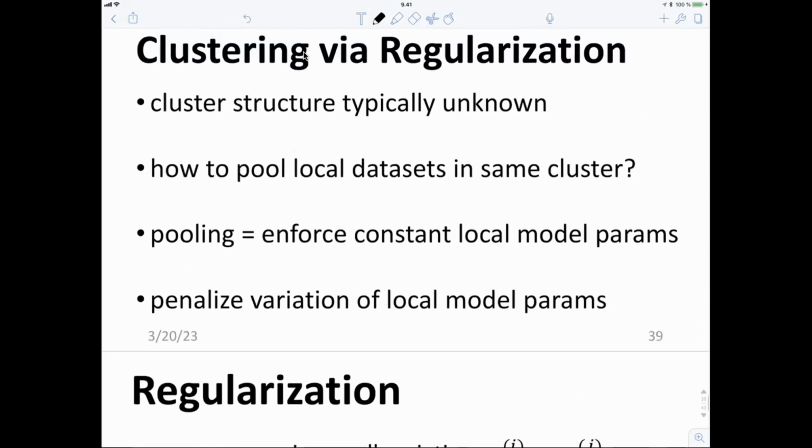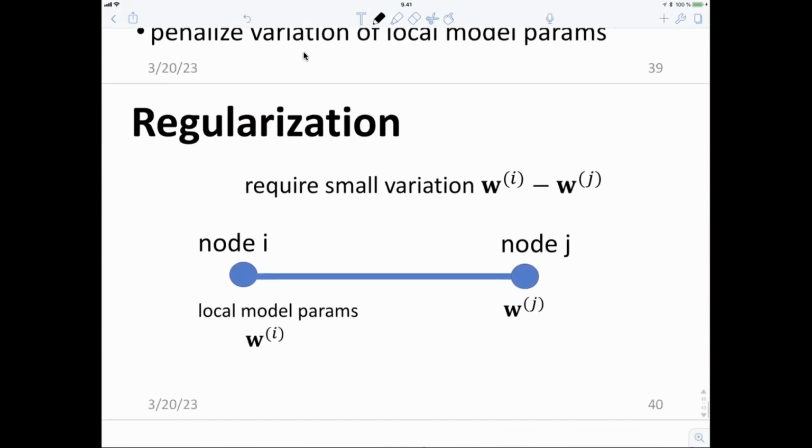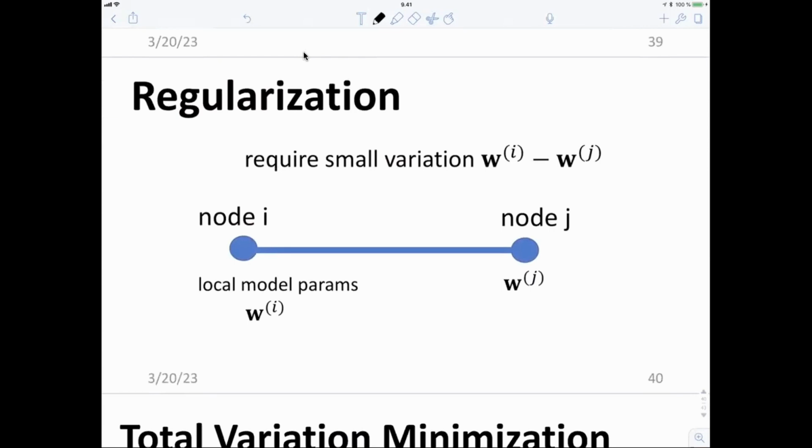And this enforcing constant local model parameters can be done by penalizing the variation of these model parameters. So the variation is essentially the difference, or some quantitative measure of the difference, of the weight vectors of the local model parameters at connected nodes. And we also typically have an edge weight.